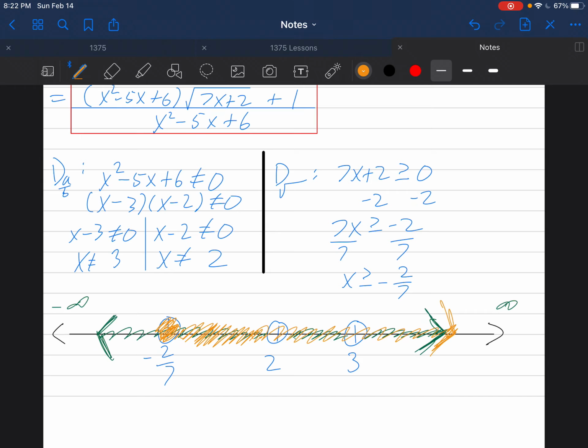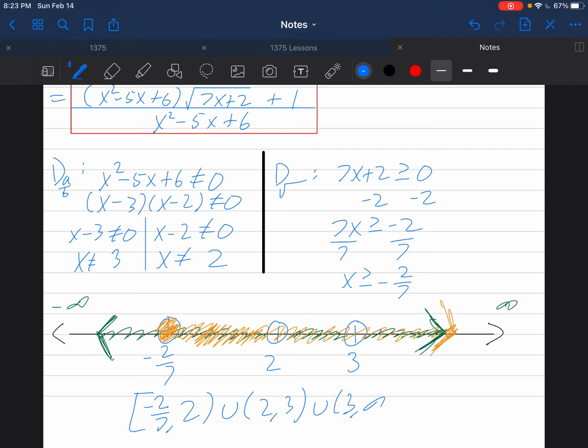So like we said about any overlapping domains, our true domain is going to be only the part that overlaps, right? Since this end over here only satisfies one of these domains, that means it's no good. And since these 2 points here, 2 and 3, only satisfy one of the domains, those are not good either. But anywhere we see, in this case, orange and green shaded in, like negative 2 over 7, including up to 2, and then from 2 to 3, remember those points in between, 2.5, 2.7, those are valid also.